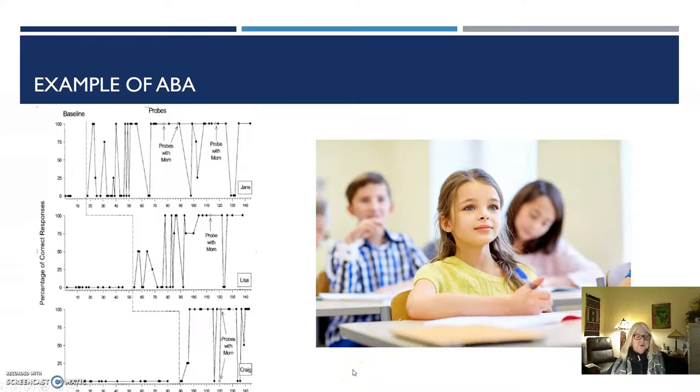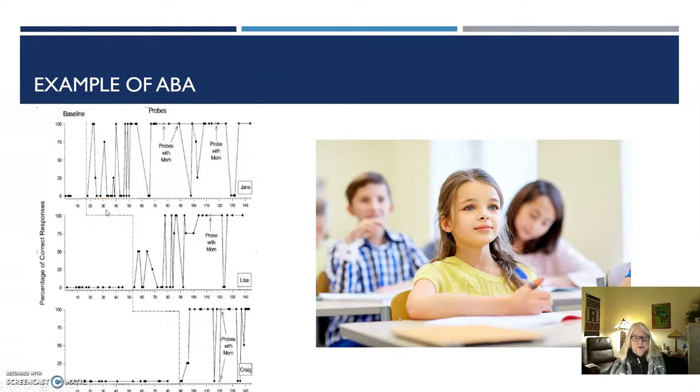The dashed vertical line is when the intervention starts. Jane's started at about 17 questions right here. And this is when the intervention started for Lisa, and this is when the intervention started for Craig. After the intervention starts, behaviors continue to be observed, and the percentage of correct responses are still recorded.